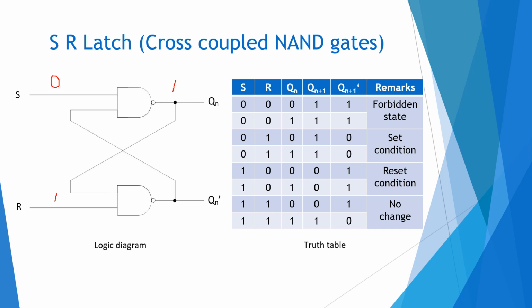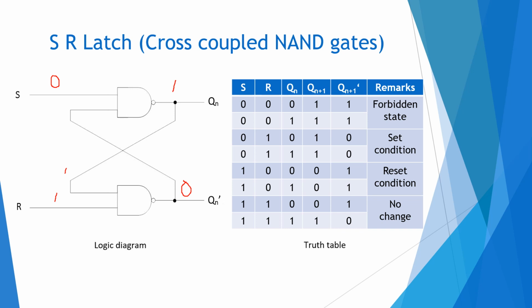So QN will be equal to 1. This 1 and this 1 come here, so the output of the NAND gate becomes 0. So this is an allowed state. Here QN equal to 1, that is the set condition, and QN bar equal to 0. This is complementary and this is an allowed state. So this is the set condition, active low.